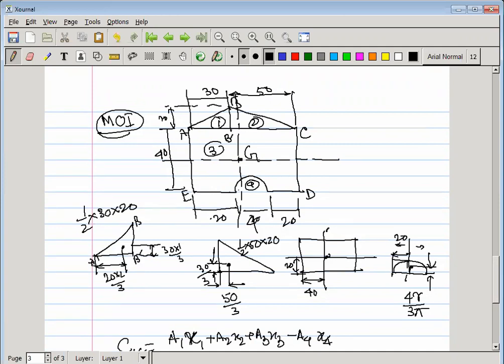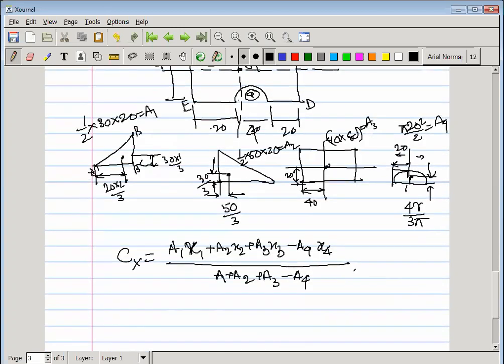For this case, 40 into 80. For this case, pi r square, r is 20 by 2. So these all are the areas, right? And this is A4, this is A3, this is A2, this is A1. You all know this thing. So you can simply put this value.